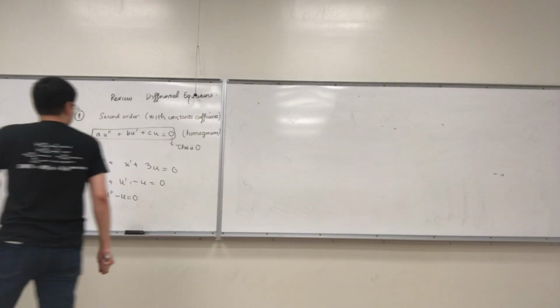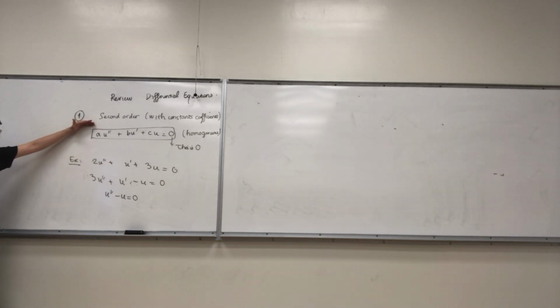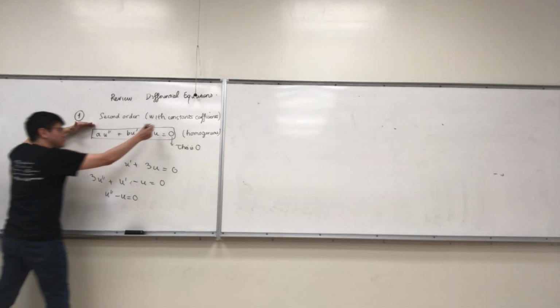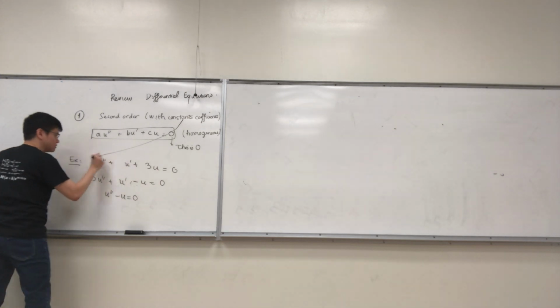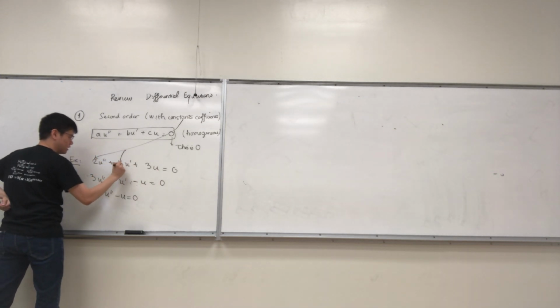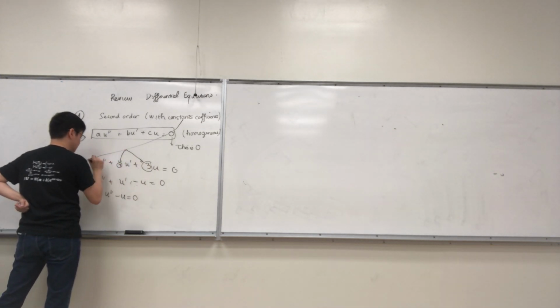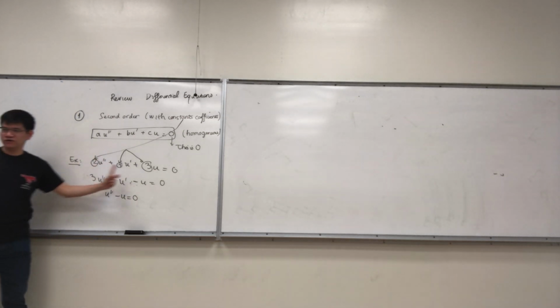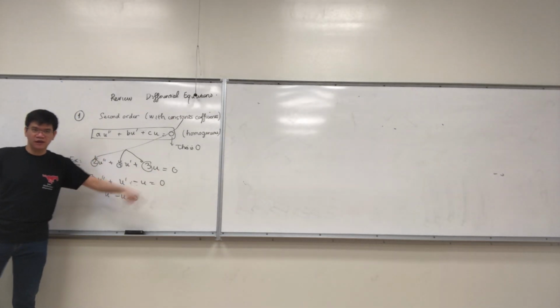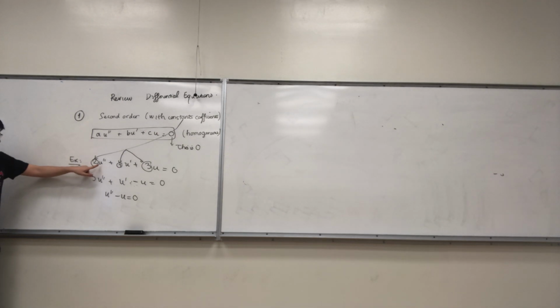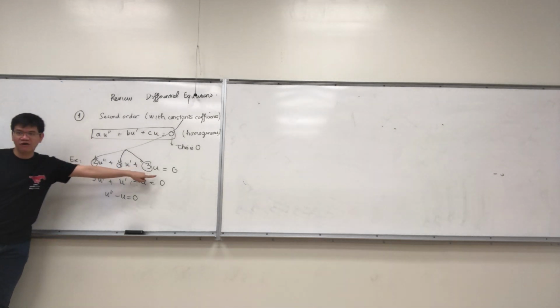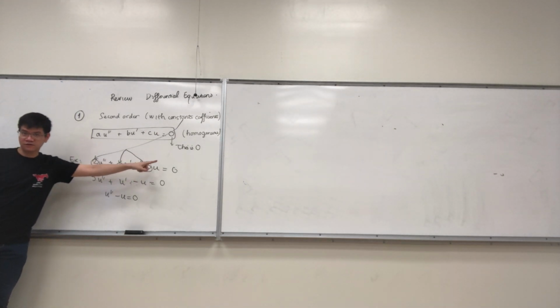All right? So I explain again. This is a second order differential equation with constant coefficient because they are constant, right? This is 1 and this is 3. The coefficient in front of all of the u terms, they're constant, right?